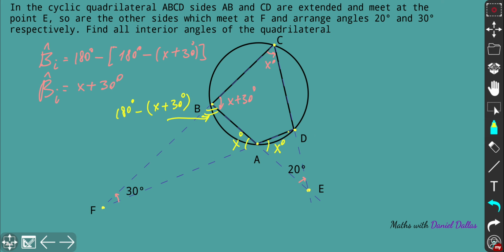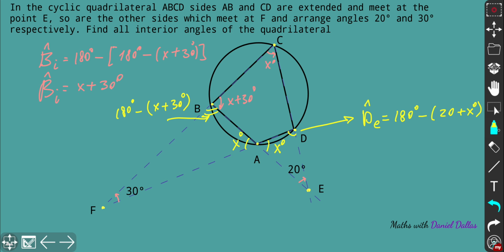Okay, so this angle D, the exterior angle D, is simply 180 minus the sum of 20 and X, because we again consider the sum of the angles within the triangle, which is 180.